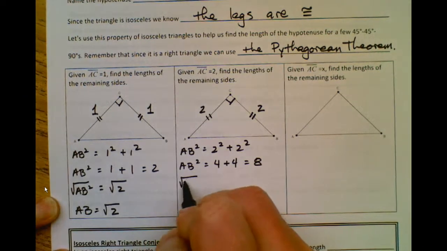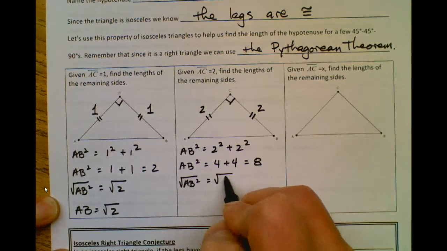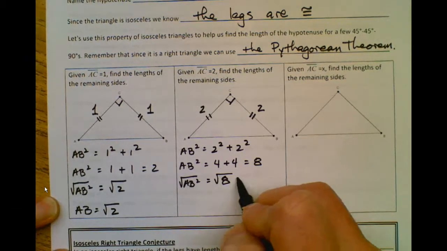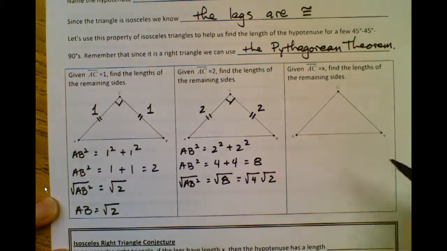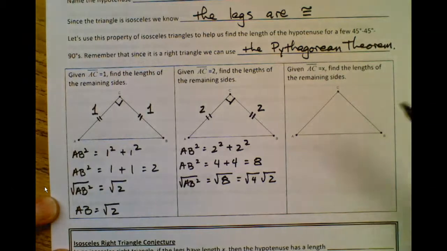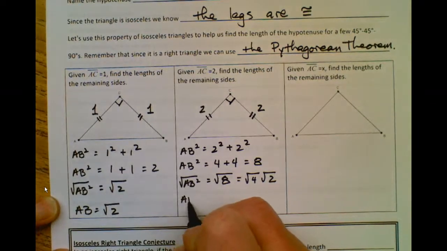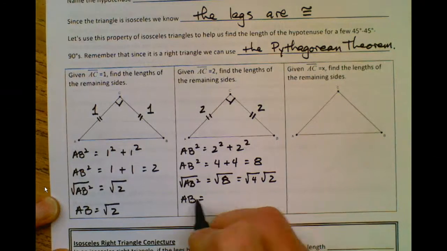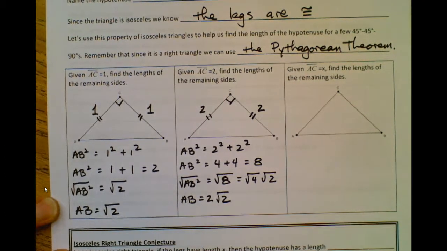Take the square root of both sides. Square root of AB squared is equal to the square root of 8. And I know that the square root of 8 is the square root of 4 times the square root of 2. If you don't remember how to simplify your radicals, come see me for extra help. And that would leave us with AB equals, so the square root of 4 is 2, and then we have the square root of 2 left over.